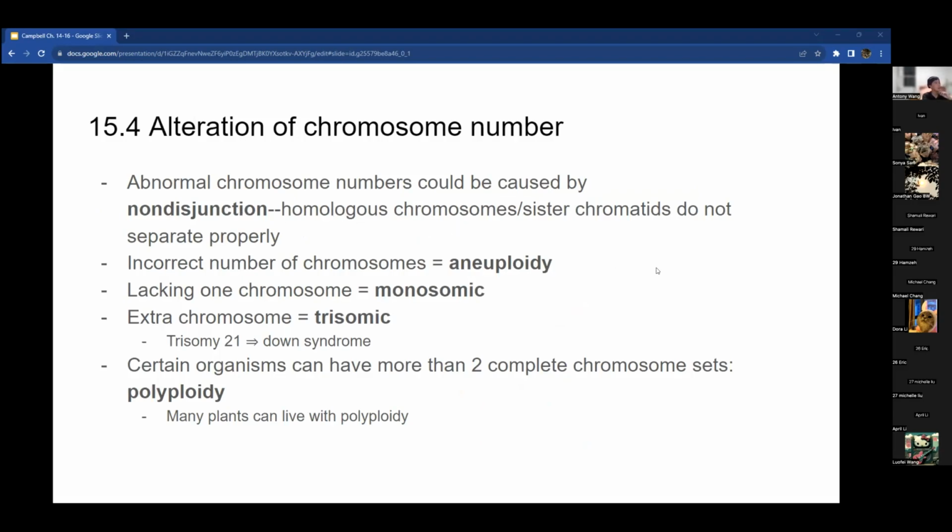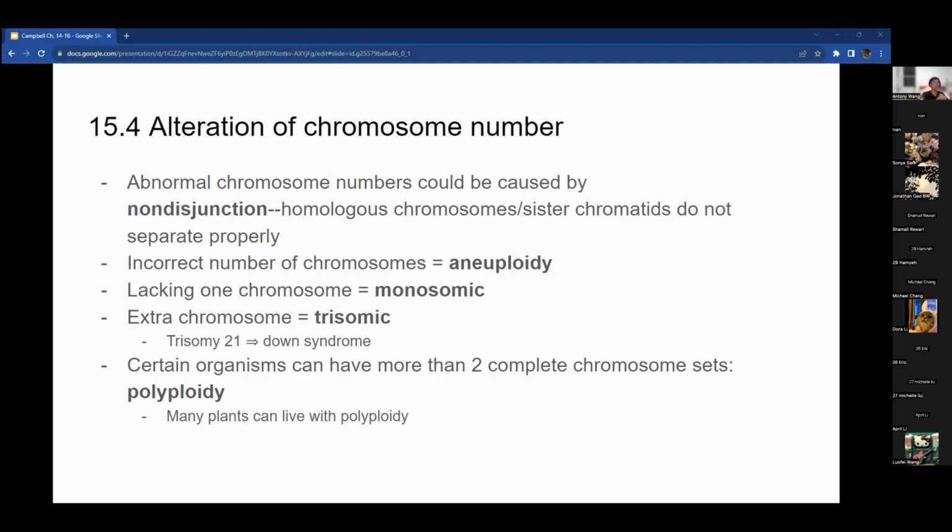So in meiosis, when you have the tetrads lining up, the four copies of a chromosome lining up, sometimes they don't separate properly, right? Maybe all four copies will go to one side of the cell during anaphase, or during meiosis 2, when there's a pair of chromosomes lined up in the middle, maybe both chromosomes will go to one side.